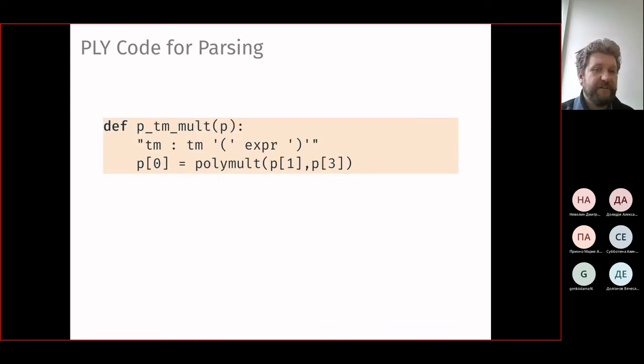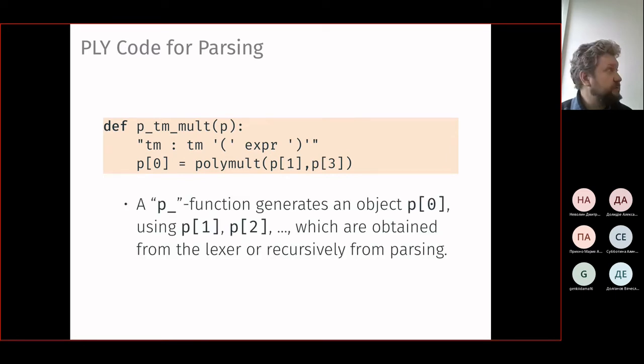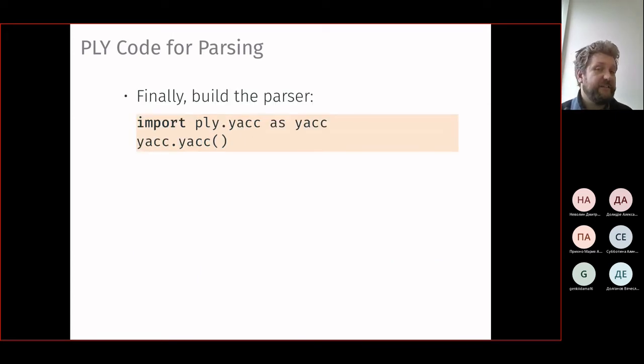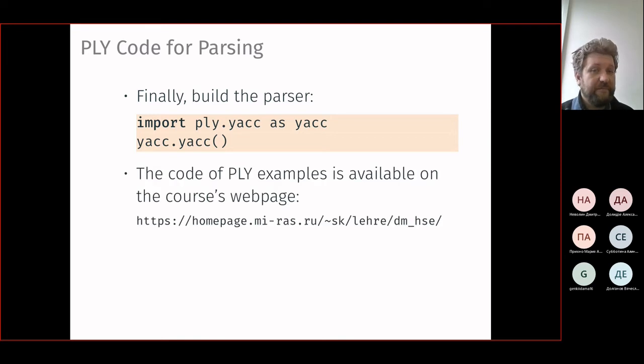It makes it very convenient. So it generates an object p[0] using p[1], p[2], and others obtained from the lexer or recursively from parsing. Now I build the parser, like the lexer. You import this library, Yacc, and you just run it.